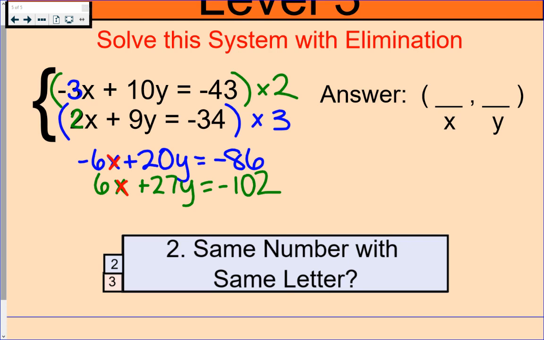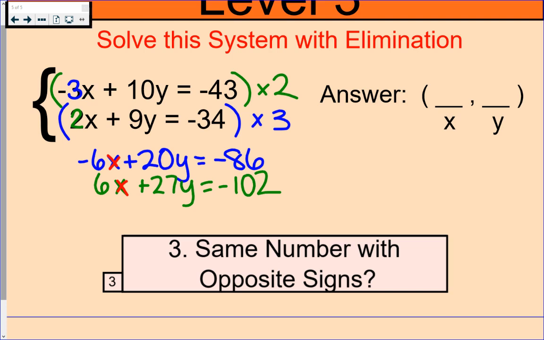Now that we've got the same number with the same letter, we need to make sure that they are opposite signs. That's kind of why I was avoiding the negative for a second. We want one of these to be a negative and the other one to be a positive. So since these ones are opposite signs already, we can move on. If they weren't opposite signs, you would change all of the signs in one of the equations.